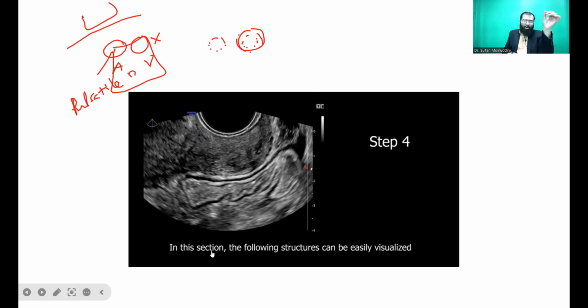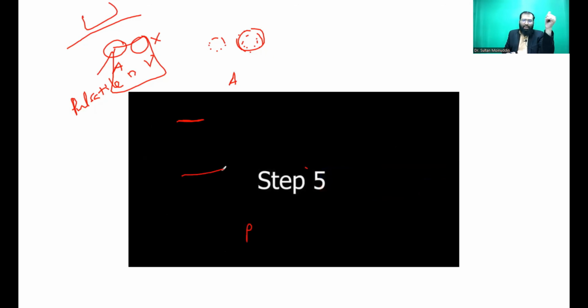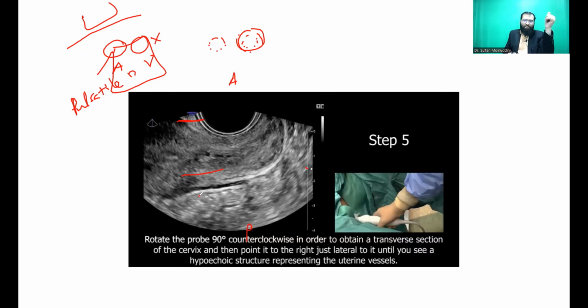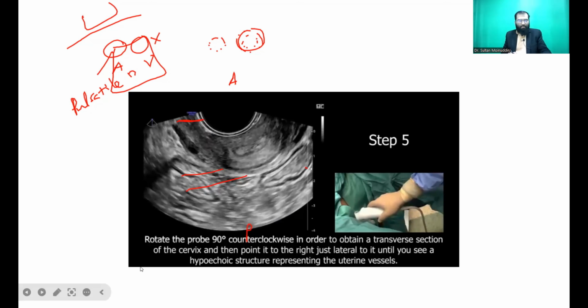Now on TVS ultrasound, this region is the anterior aspect, and this is the posterior aspect. Whatever structures lie here are anterior, and whatever lie behind are posterior.